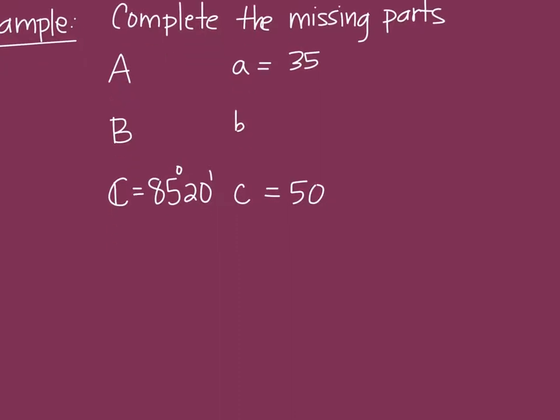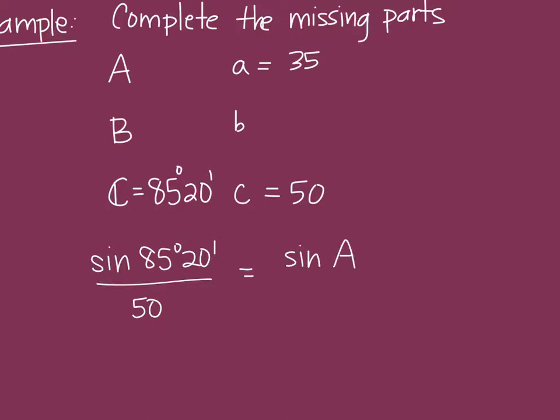Okay, so I'm going to start with the sine of C, which is 85 degrees, 20 minutes, over the leg of C, which is 50. And then I'm going to set that equal to the other proportion, but where at least I know one of them. I know part of it, which is going to be the A part. Now, it's going to be sine of A, which I do not yet know, over the leg of A, which is 35.